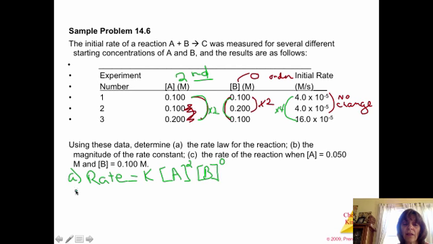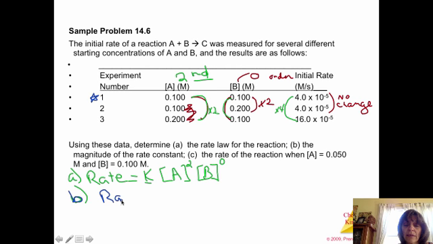All right. Now they're asking for the magnitude of the rate constant. So, what is K? If we want to find the K value, we can put in specific data from any one of the experiments. K is constant, so it shouldn't matter which one we do. So let's just do experiment number 1 to solve for K. All right, so I'm going to rearrange this.